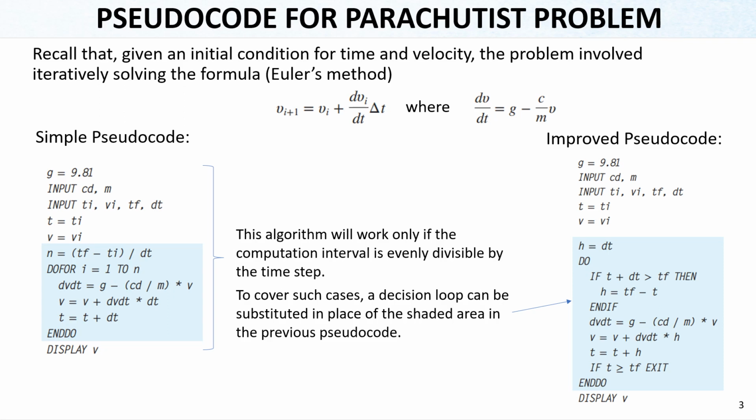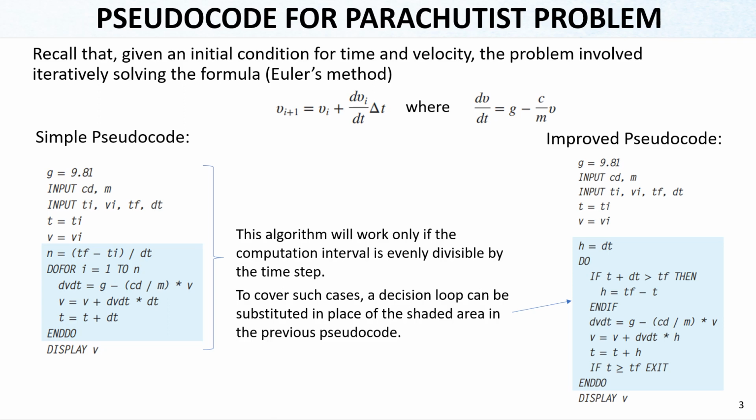To cover such cases, to eliminate that problem, a decision loop should be substituted in place of the shaded area, or this blue area in the previous pseudocode. What we do here is that we define an h equals dt value, and if we have a condition, if t plus dt is greater than tf, then h is tf minus t, and we finish this statement, and then we calculate all the others.